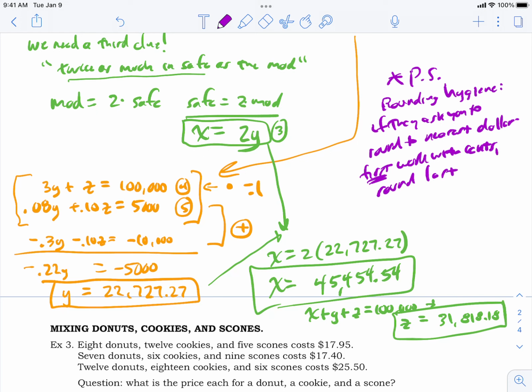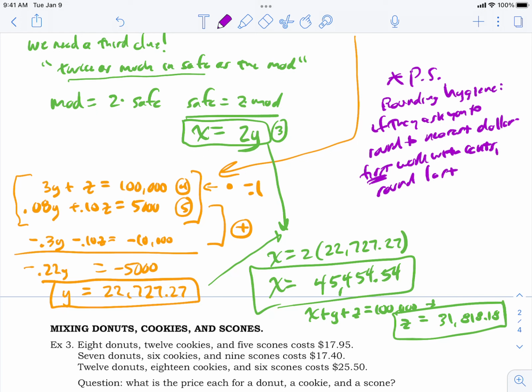Okay. Life is good. But notice that if you had rounded this and then plugged that in here, you would not get this. You would get 45,454. And you might say, oh, who cares about $1? But you want to know how to round properly, because sometimes it's the precision of various instrumentation, whatever. Sometimes it is important to get the rounding right.